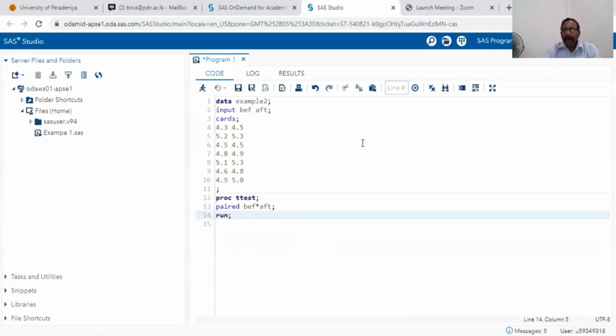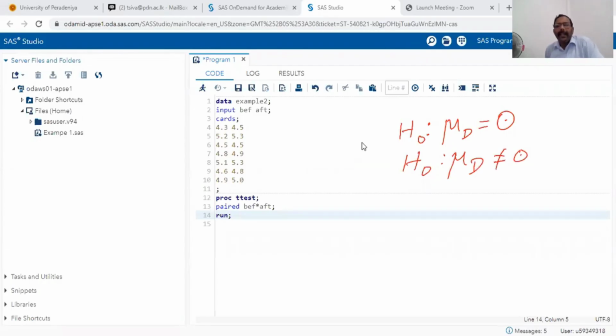Before that, what is my null and alternative hypothesis? We can test in two ways. Let's say my null hypothesis mu d equals 0. The difference is equal to 0. Alternative, mu d not equal to 0. Actually, what we want to test, anyone?